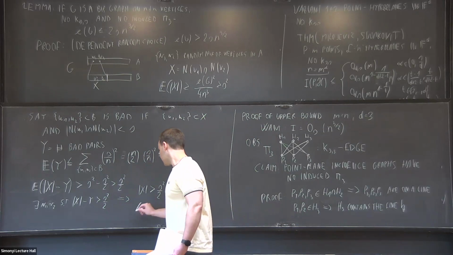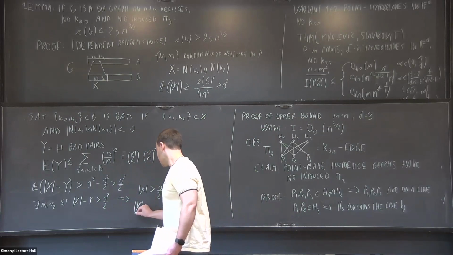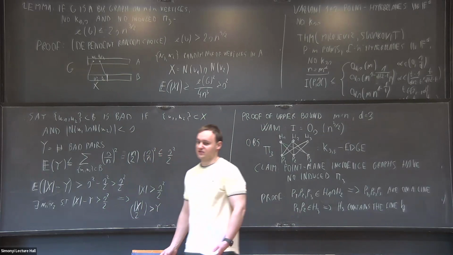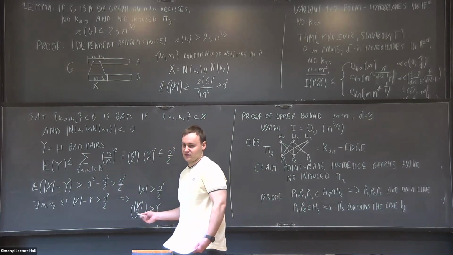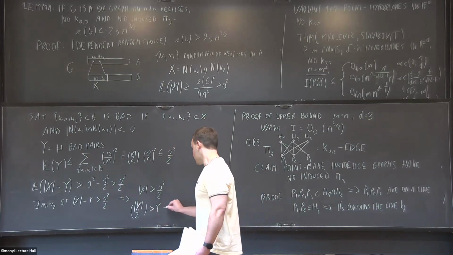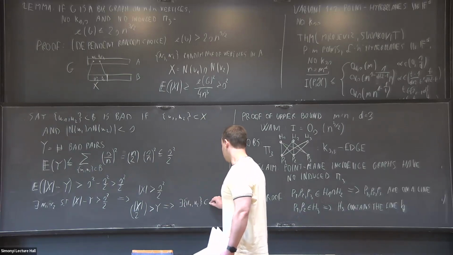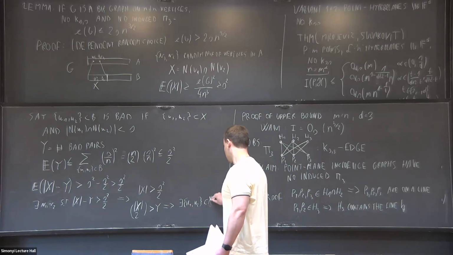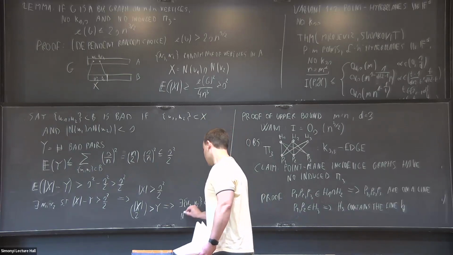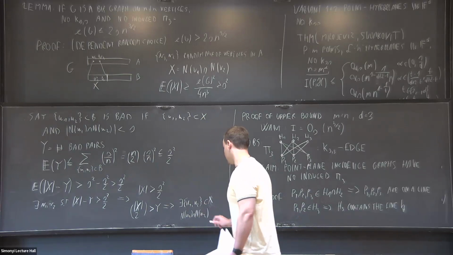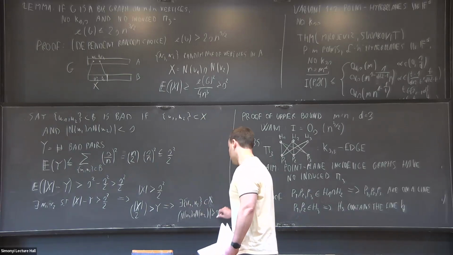So we also have, trivially, that X choose 2 is greater than Y, because we even have that X itself is greater than Y. So this implies that there exist some U1, U2 in X such that the common neighborhood of U1 and U2 has size at least S.